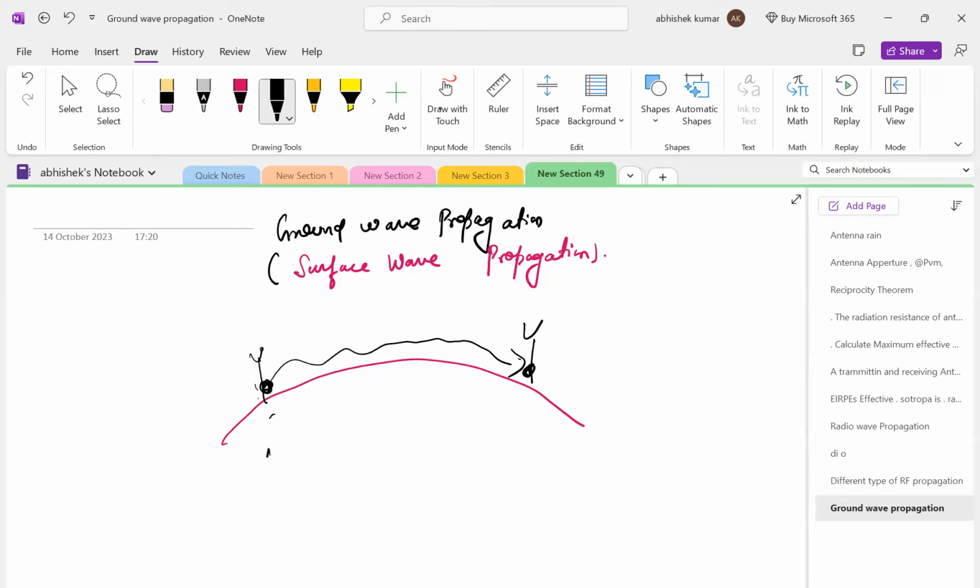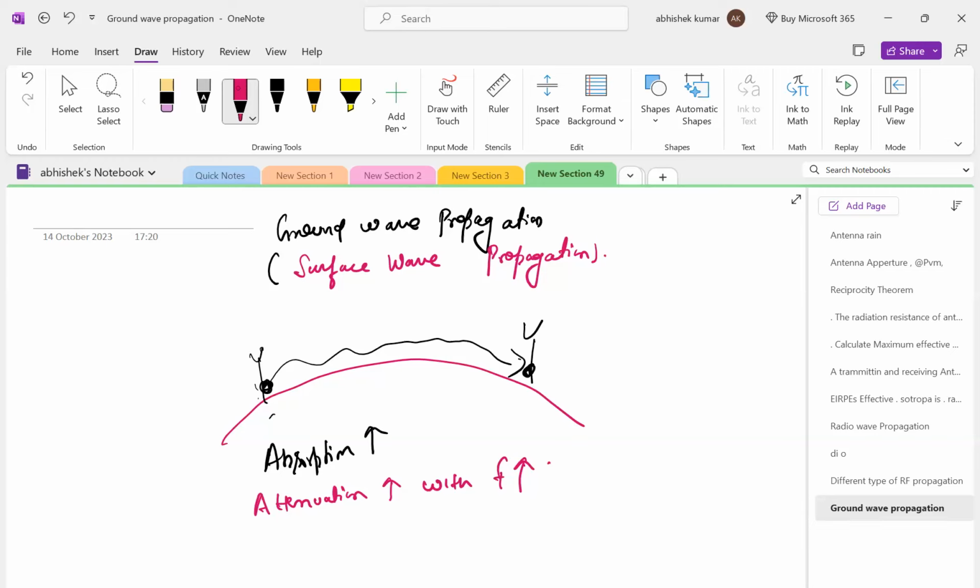In ground wave propagation, absorption increases, and the attenuation increases with frequency. That's why the ground wave is restricted to only 2 megahertz.